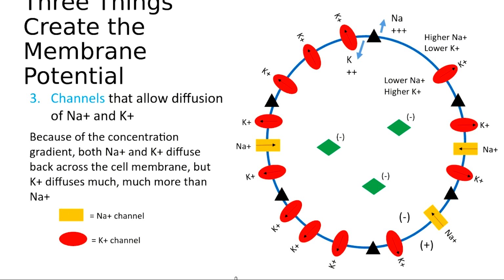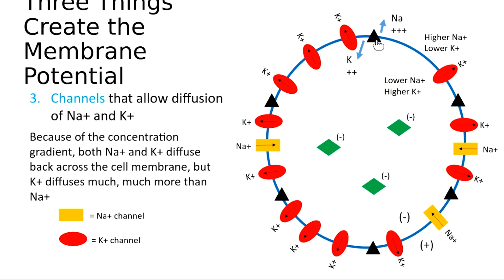But the kicker here, and you can see this if you look at this membrane and compare the number of potassium channels to the number of sodium channels, is that we have a membrane that is much, much more permeable to potassium. So it allows potassium to exit the cell at a much higher rate than it allows sodium to leak back into the cell. So again, we've got basically three things that are setting up the situation where we've got a higher concentration of positive charge on the outside of the cell.